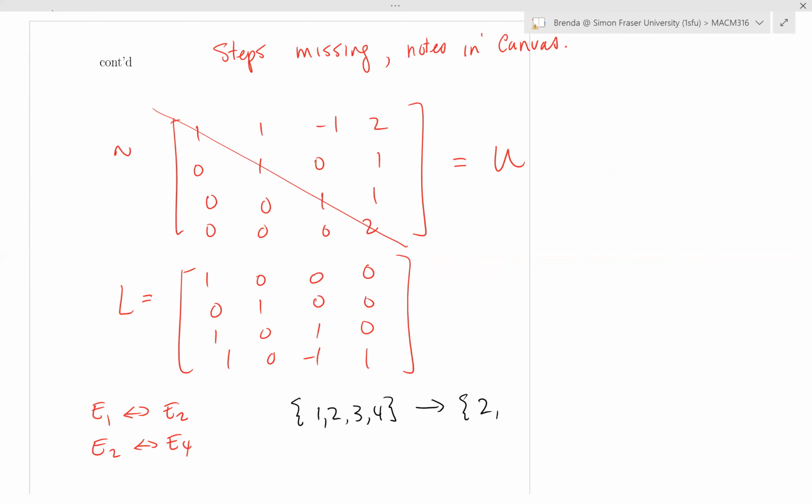I exchanged 1 and 2. And then I exchanged 2 and 4, giving me 2, 4, 3, 1. You see what I mean?